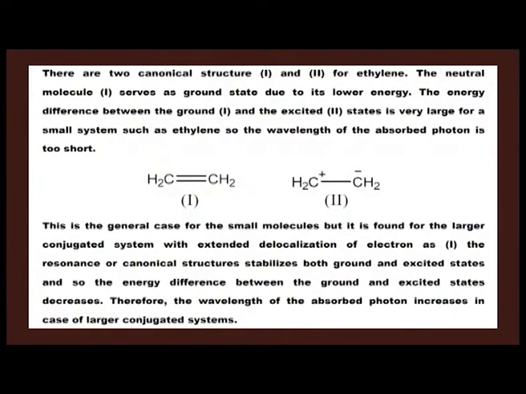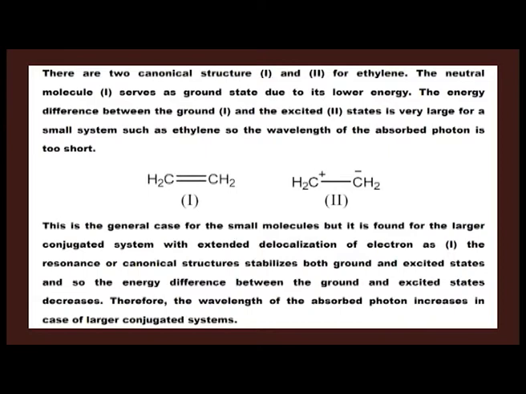An example is ethylene. There are two canonical structures, structure 1 and structure 2, of ethylene. This you can see on your screen. The neutral molecule serves as the ground state due to its low energy. The difference between the ground and excited state is very large for a small system such as ethylene, so the wavelength of absorption of the photon is too short.